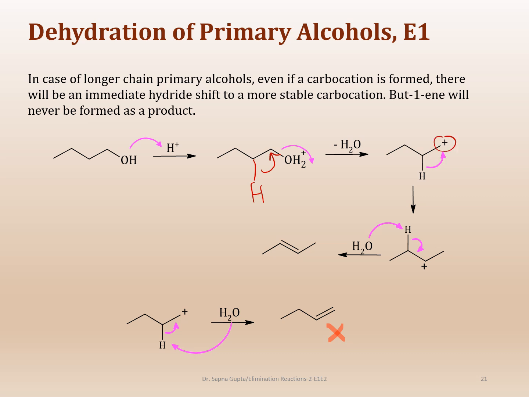So whether you write it as 1 step or 2 steps, it doesn't really matter to me, provided you make sure that you convert it into a secondary carbocation. Once you have that, then the secondary carbocation will undergo dehydration to give the alkene. That's not a problem, and in this case you will get only the 1 alkene because there is only 1 proton.